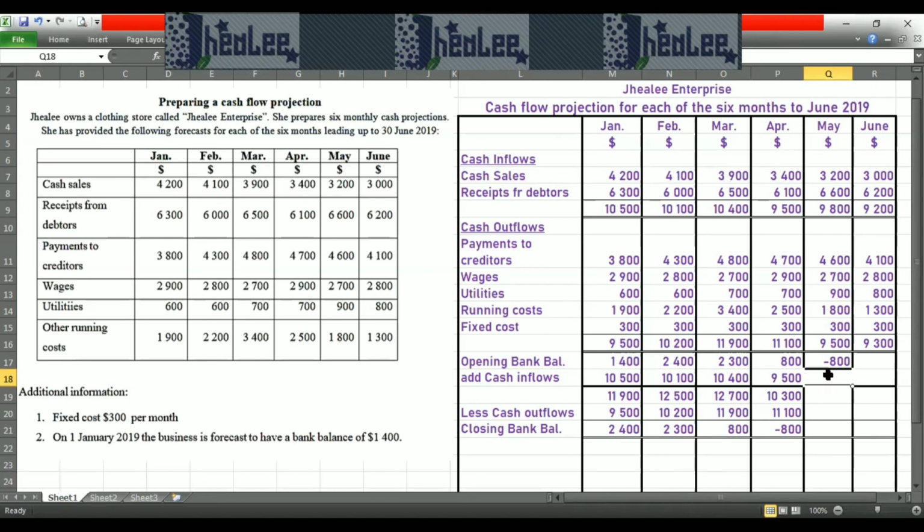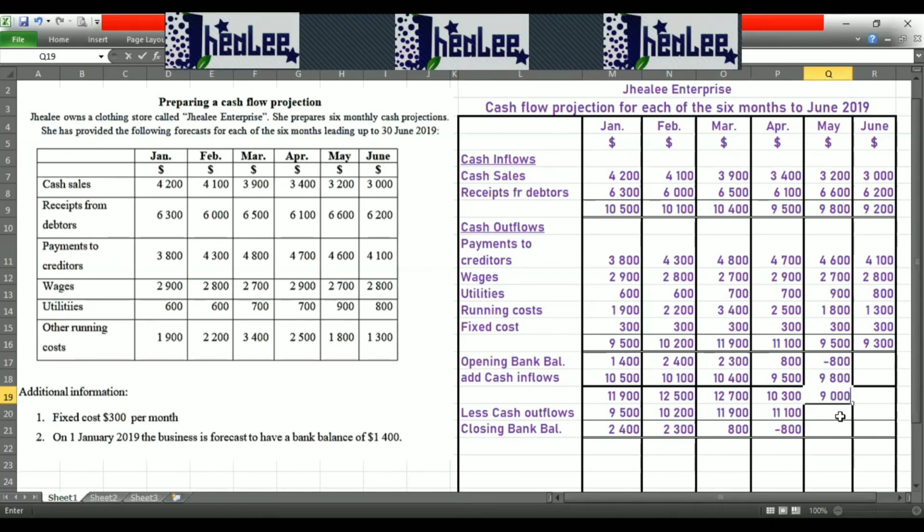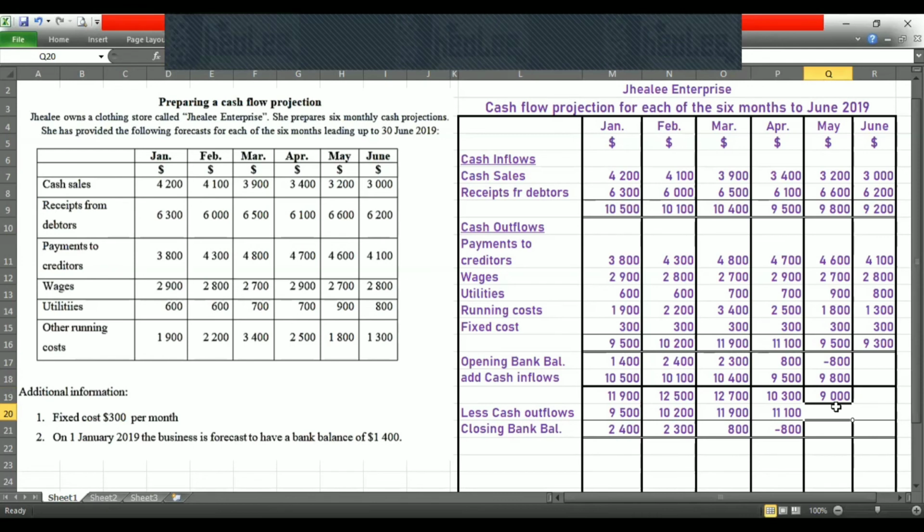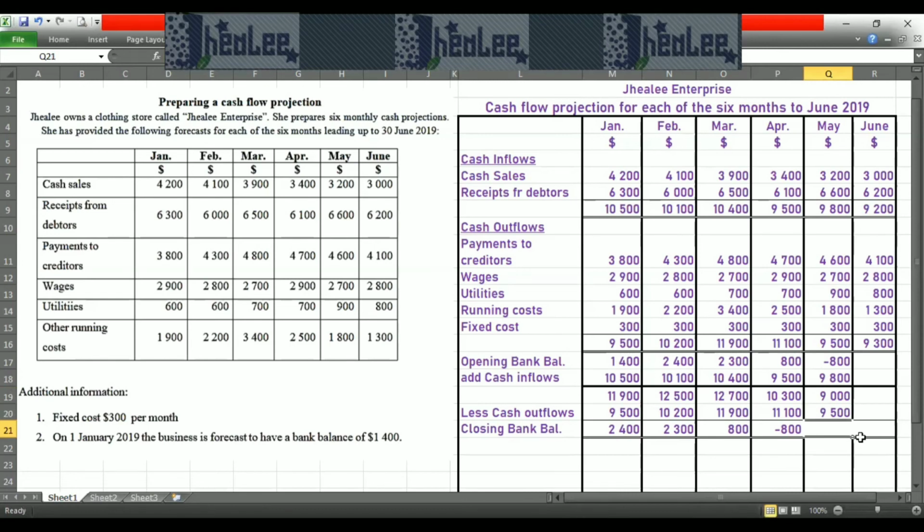So remember, you're working with a negative figure. And to that, we're going to add 9,800. That would give us a value of $9,000. From that 9,000, we're going to subtract the outflows, and the outflows again is greater than what we have, and that would give us a negative 500.